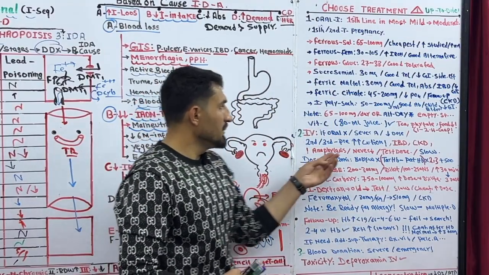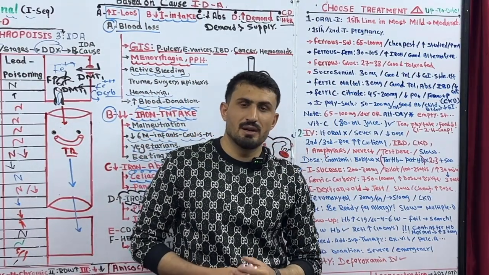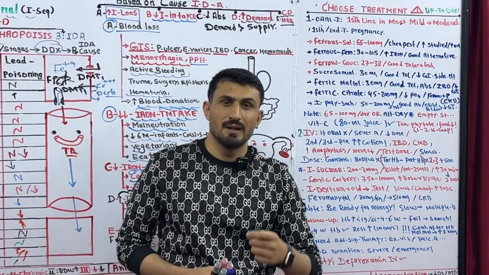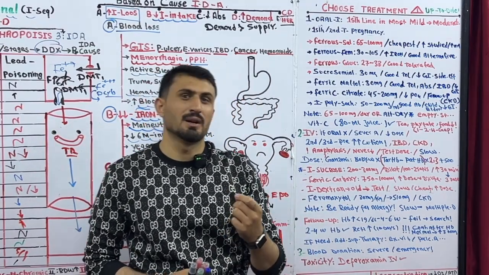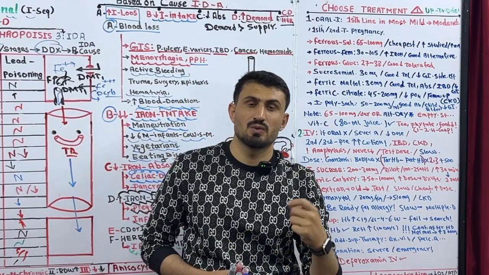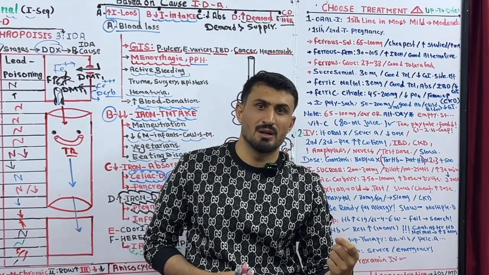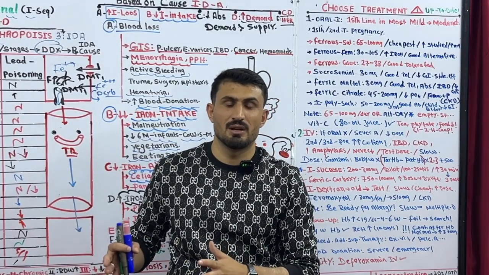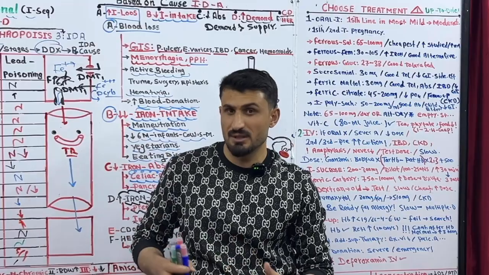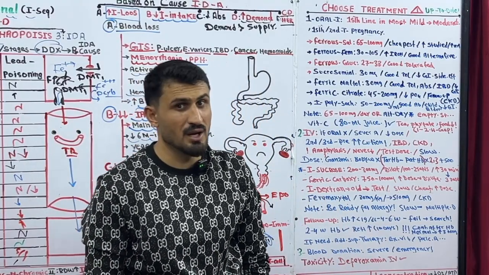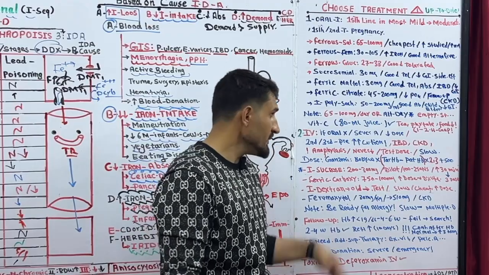But still, doctors do a test dose before giving IV. They give around 20 to 25 milligrams of iron, diluted in 20 to 25 ml, over around 10 to 15 minutes, and they wait for the patient around 10 to 15 minutes, and then they start. If there is no allergic reaction, they start the IV dose.